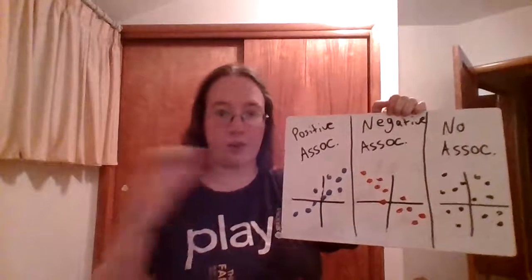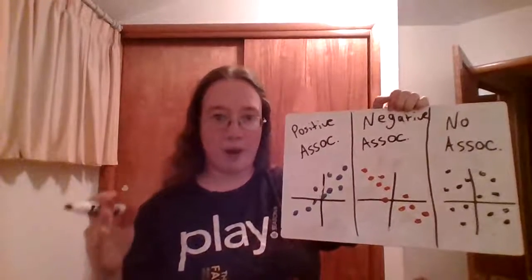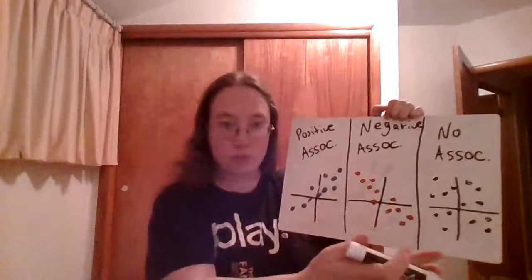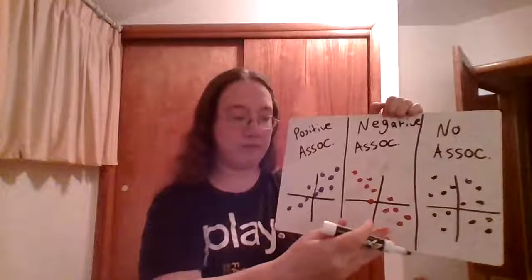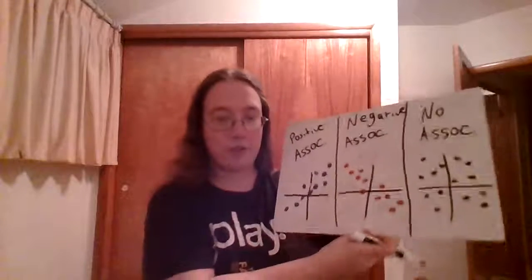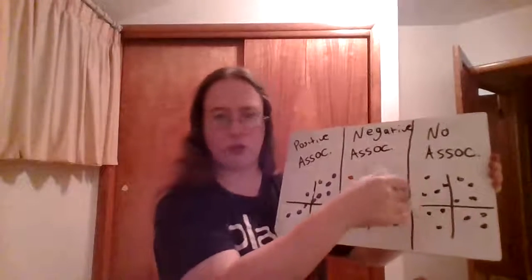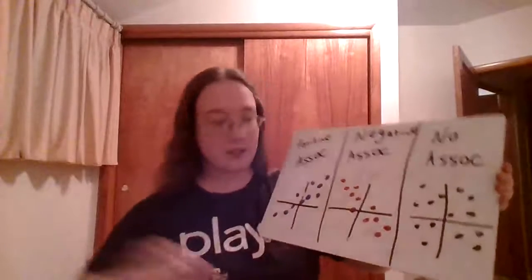There still might be some sort of pattern, but for right now, we're not worried about that. It's either positive, negative, or no. There's just no association there. Okay, so positive if it's going up, negative if it's going down, no association if it's just sort of random like that.